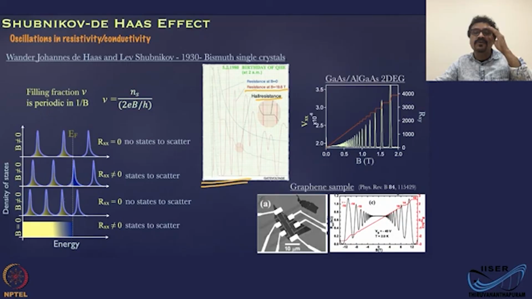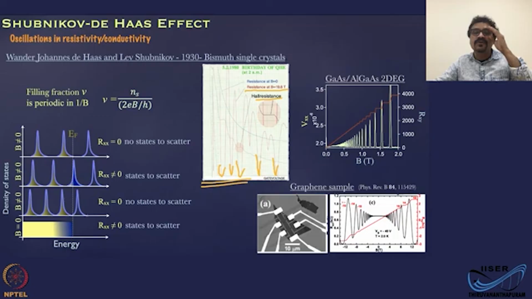Now that is what is plotted here as the red curve, and you can see all those red curves have an oscillatory behavior, and it actually goes to a pretty low value in resistance. And that is what we call the Shubnikov-de Haas oscillation.